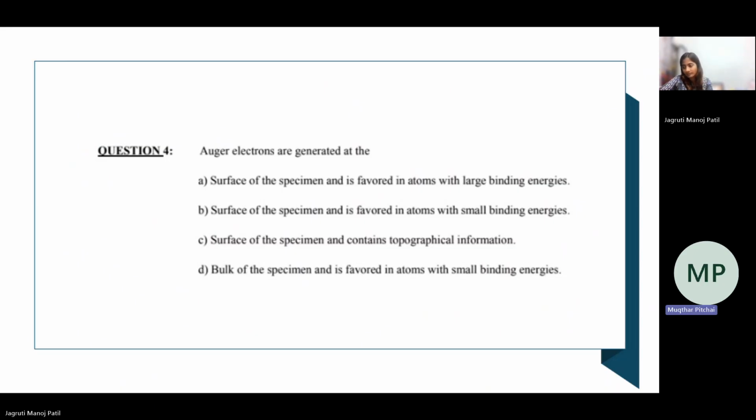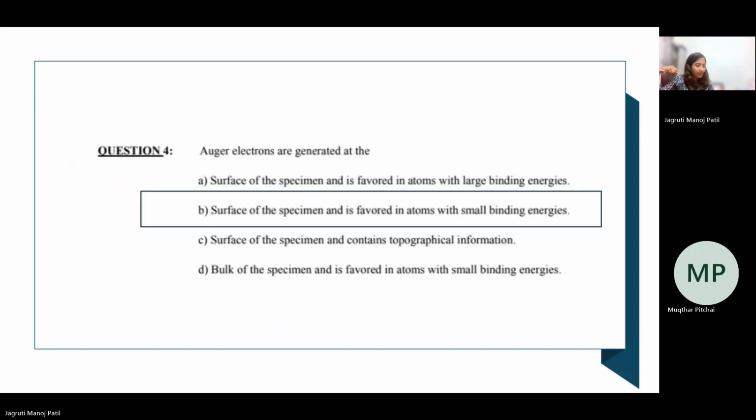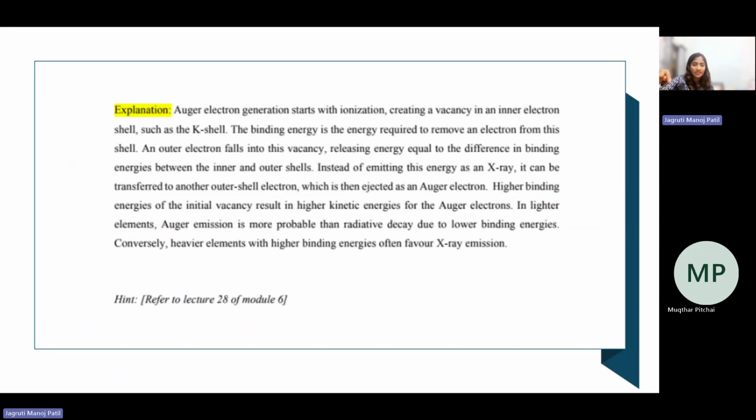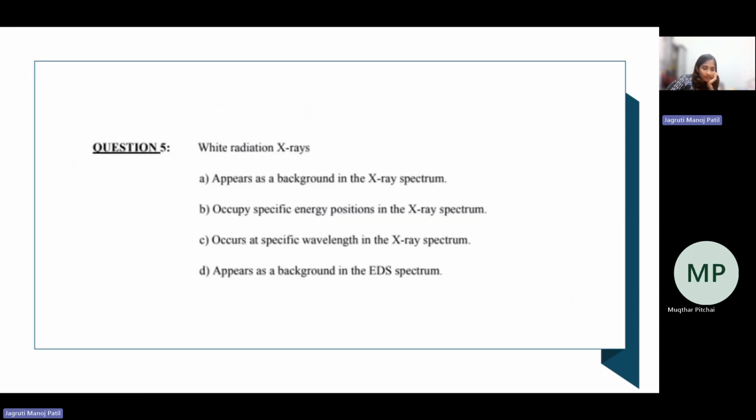I think it's B, ma'am. B, yes. Surface of the specimen first, and it is favored in terms of smaller binding energies. Why? Because it's coming from here, such as a K shell, it's just being removed. It's directly coming from the innermost shell, and it is like decay that happens due to the lower binding energies of these electrons.